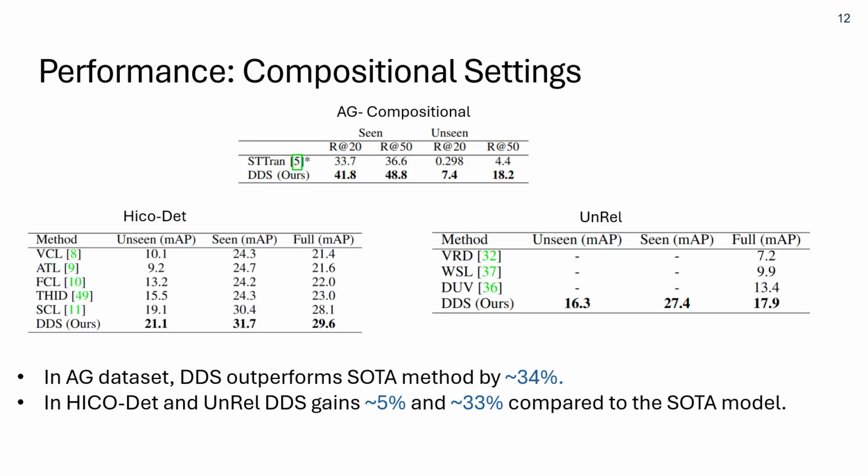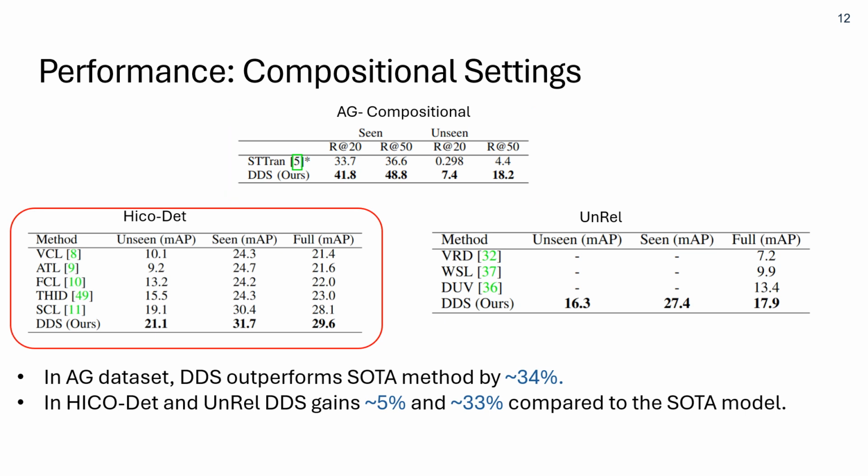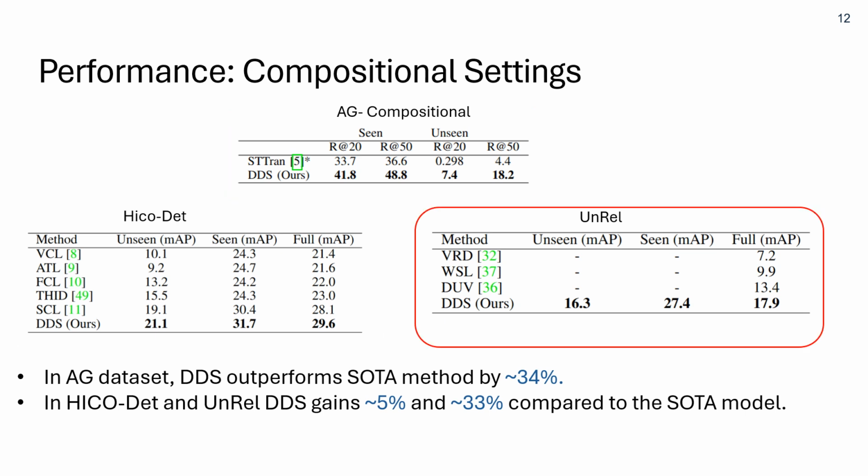Now let's see DDS's performance under the compositional setting. In the AG compositional dataset, DDS outperformed the SOTA model STTran by 34%. If you noticed, in the unseen class, DDS's performance improvement is much bigger. In the HECO-date dataset, we achieved a performance gain of 5%, and in the Unreal dataset, we have achieved a performance improvement of 33%.